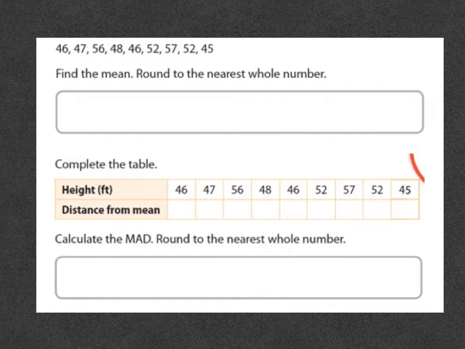Okay, so here's an example that hasn't been done yet. My list of numbers is up here at the top. When you add all of these together, they equal 449. So now I'm going to take the sum, 449, and divide it by 9.